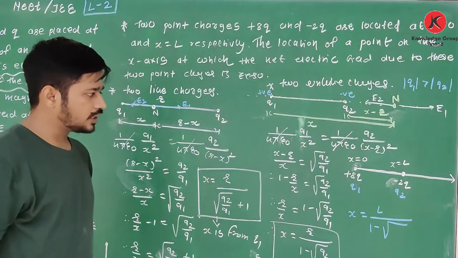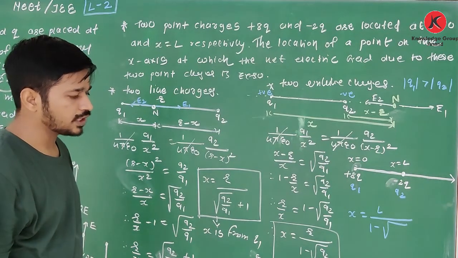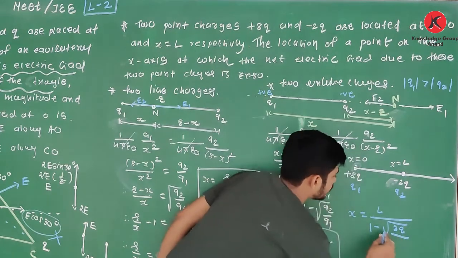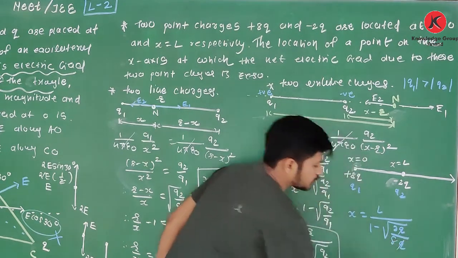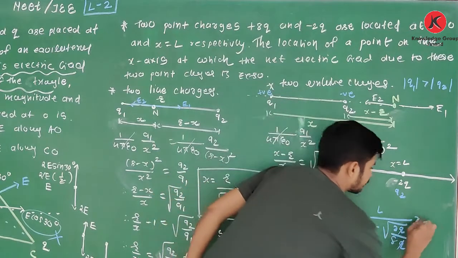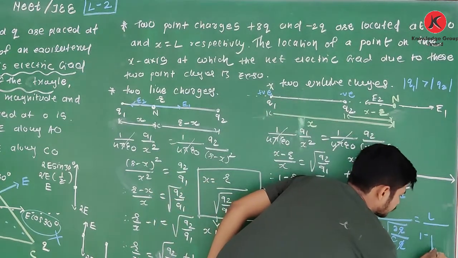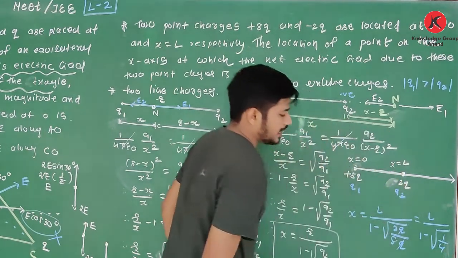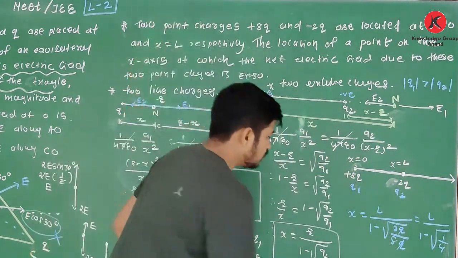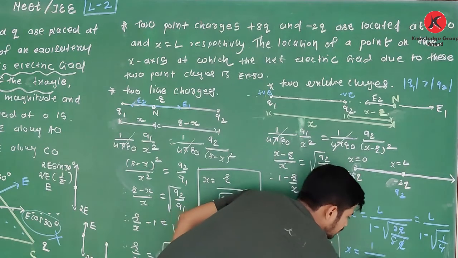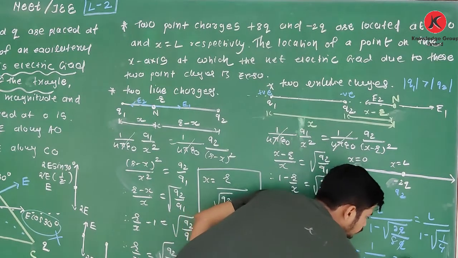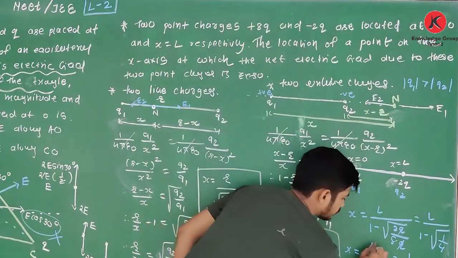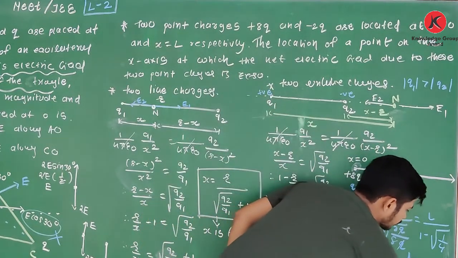Under root q2 upon q1 means q2 is 2q, and q1 is 8q. 2 cancels, so it is L upon 1 minus under root 2 by 8, which is 1 by 4, and under root of 1 by 4 is 1 by 2. So x is equal to L upon 1 minus 1 by 2, so it is L upon 1 by 2, which is 2L.